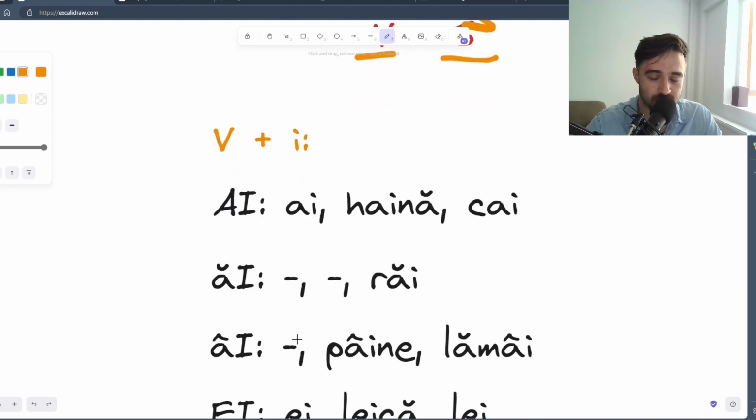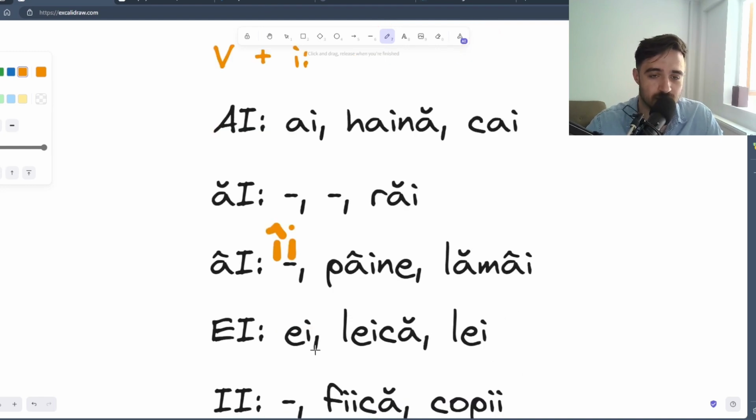Then with îi, nothing that begins with it. Here you could argue that you get îi like this, and you pronounce it îi. Yeah, I guess that works. Then pâine and lămâi. It goes down again.